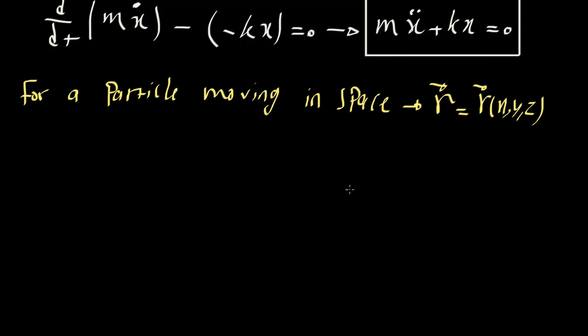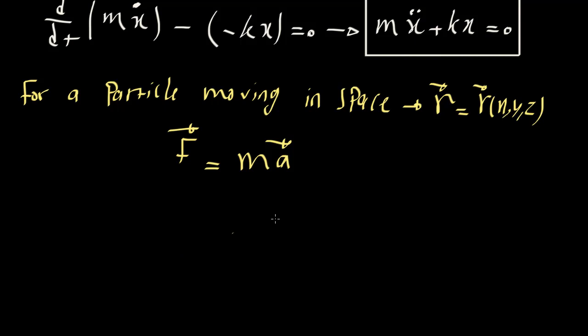So we need 3 coordinates to fully define the position of a particle in space. And if we want to use Newton's equation, we have to use the vector notation, the acceleration vector.